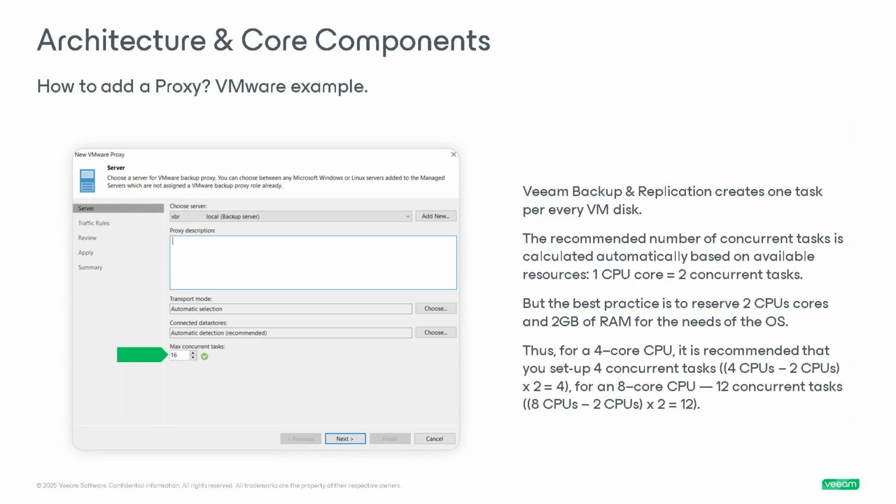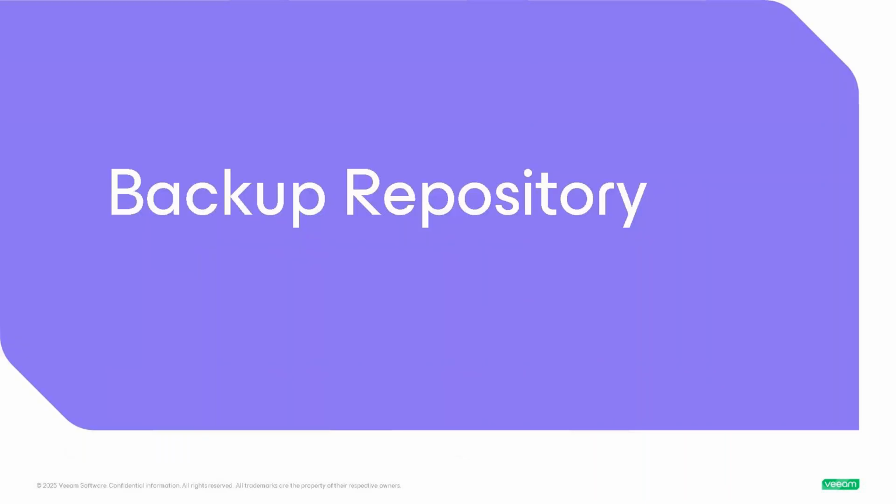Although if that server is doing more than one thing, either with Veeam or in any context really, I wouldn't necessarily recommend maxing it out, but that gives you an idea. If you have a job with a ton of VMs in it and the proxy is blatantly the bottleneck, and max concurrent tasks is a lot less than the number of VM disks, that's probably why. So you may want to deploy some more proxies or add more concurrent tasks or cores. Memory is a relevant variable too, but more so with CPU.